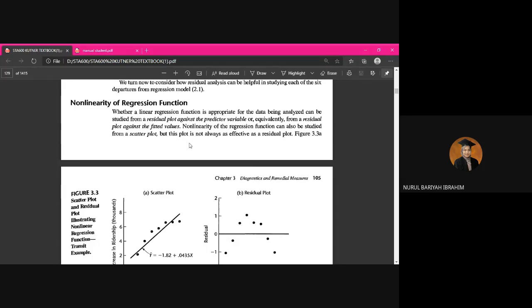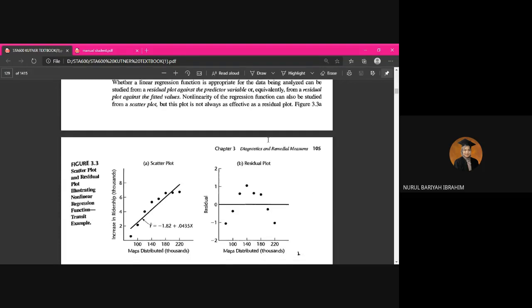So for non-linearity, you can also check at page 105, which mentions the scatter plot. It explains how to see whether the linearity of the regression function is fulfilled or not.